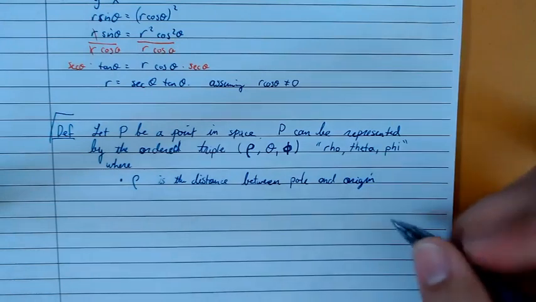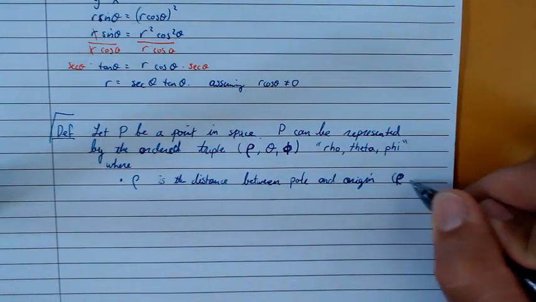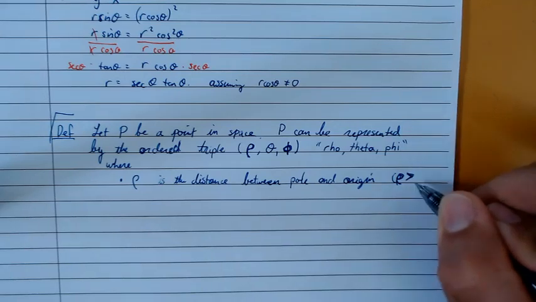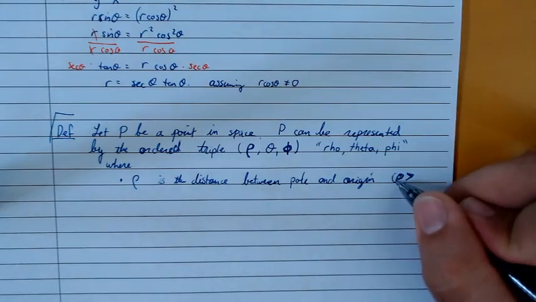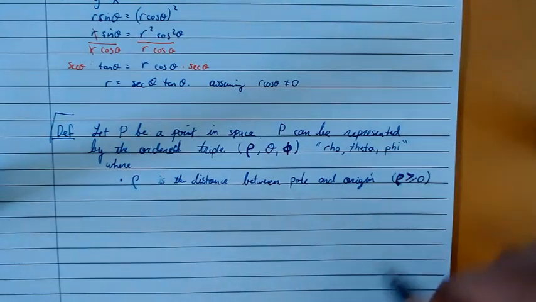Because it's a distance, it has to be positive. So rho needs to be greater than 0. Or I suppose it can be equal to 0, right? You can actually be right at the pole. So rho should be greater than or equal to 0.